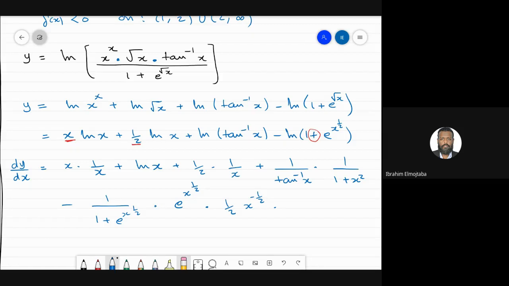الآن يمكن أن نبسط، so this one will cancel with this one ويكون عندنا that's it، ما عندنا شيء آخر.